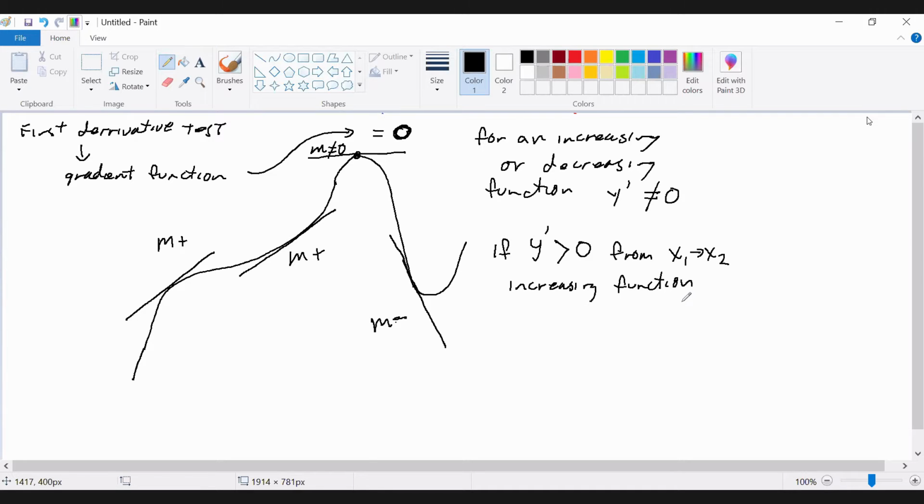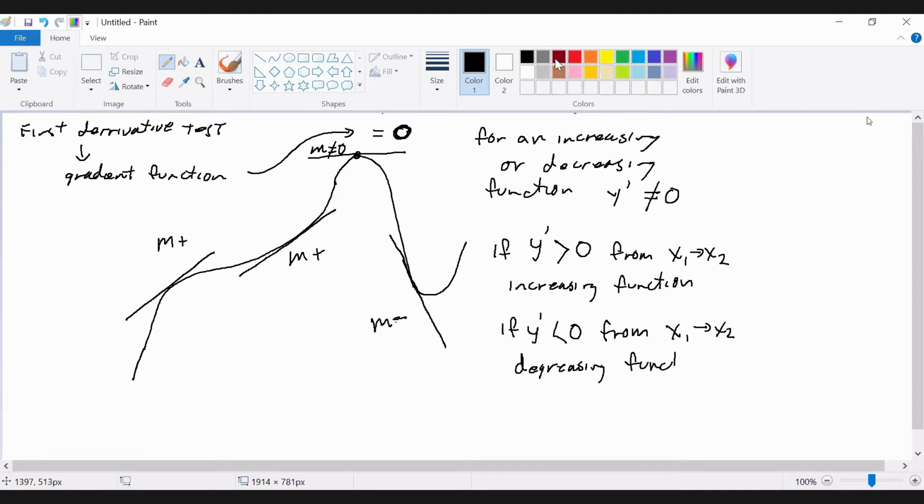Okay? If however y prime is less than 0 for a range of values from x1 to x2, then you will have a decreasing function.